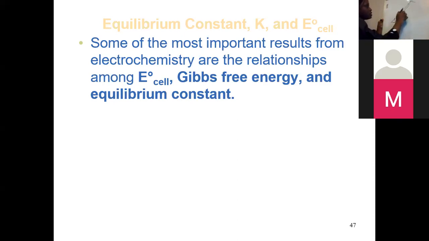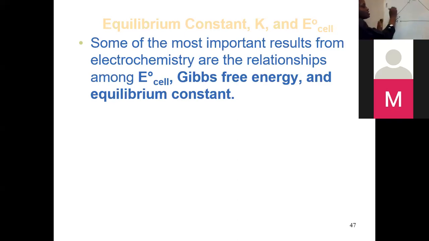Now I want you to just keep this as a cheat sheet.